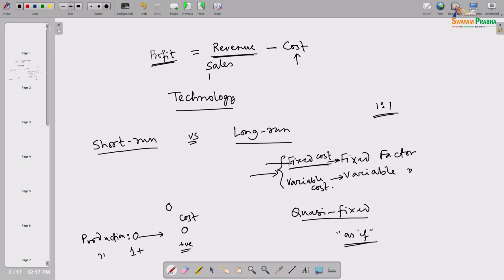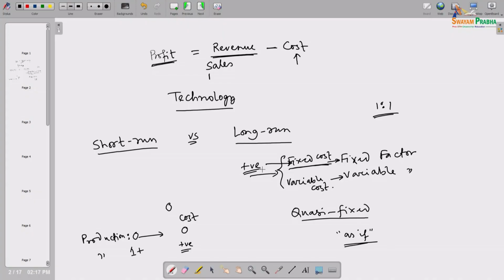Look, fixed cost, the same factory size: I am producing 0 output, 2 units, 5 units, 10 units, all are the same, some positive fixed cost. That cost is basically the rent I am paying for this room to the owner of this room.